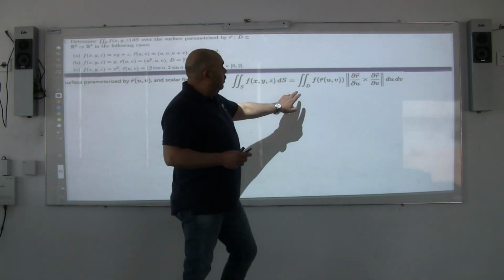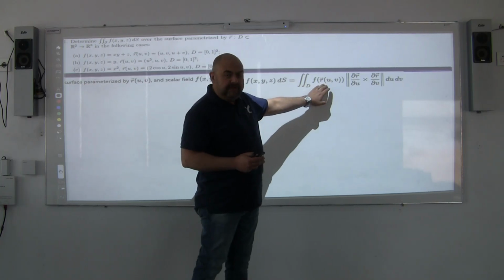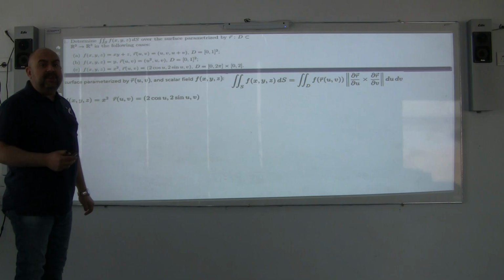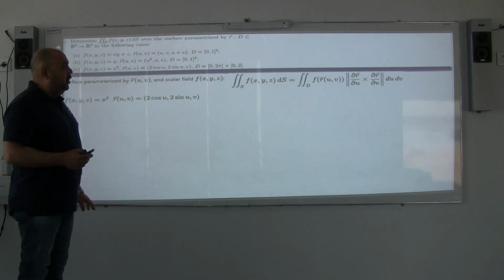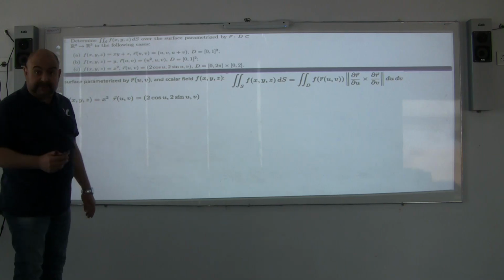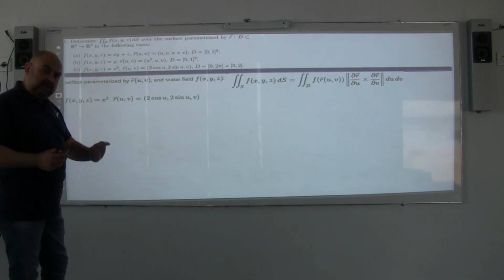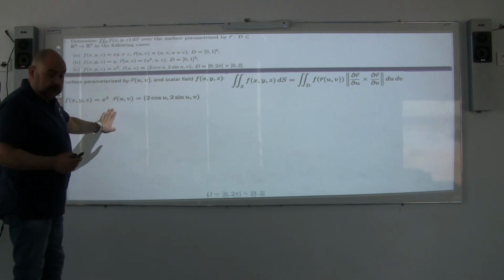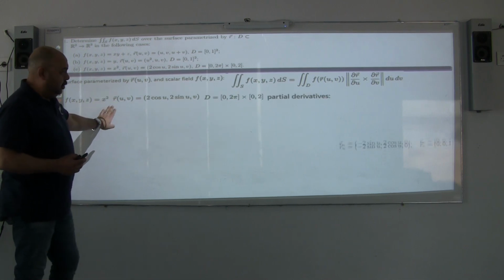So I will get f as a function in u and v, and then multiply as you can see by the determinant of this cross multiplication. So first of all, once more, here's r, as you can see. I will get partial r partial u, partial r partial v.